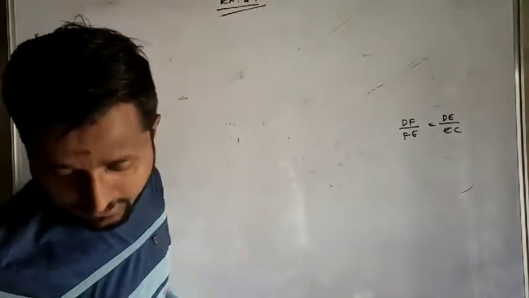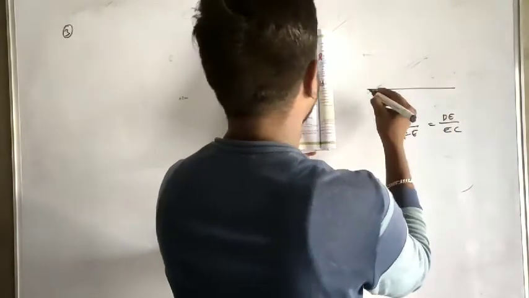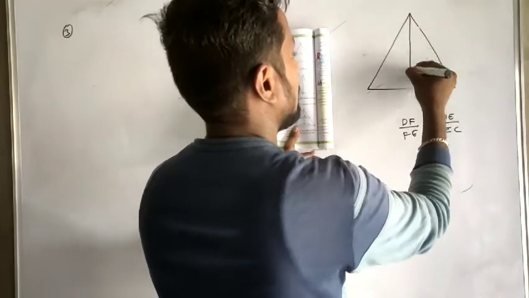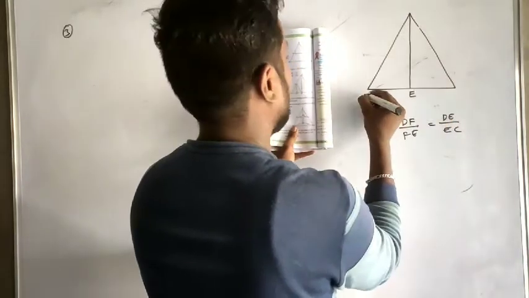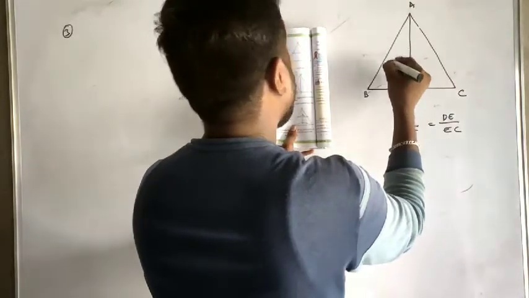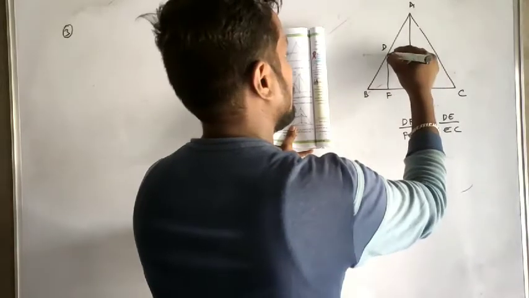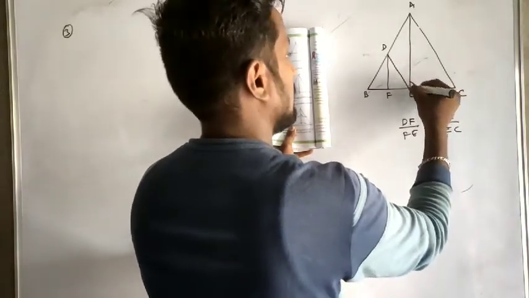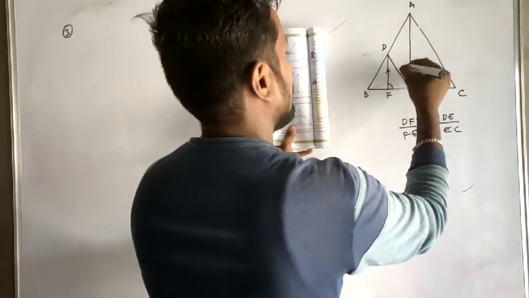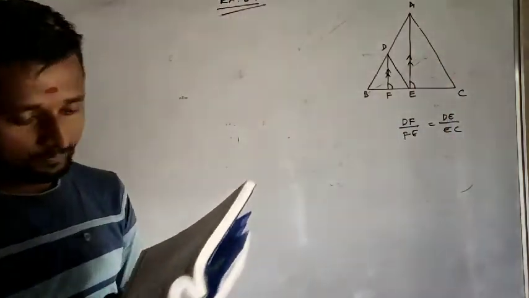Right, the diagram: B, C, A, and here there is a point.